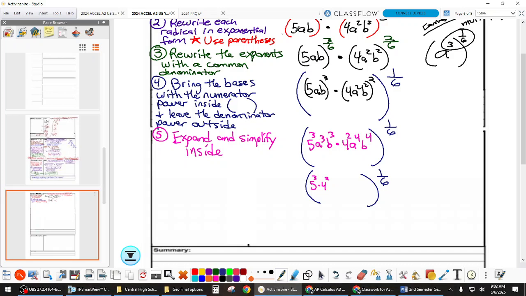Like if I had changed this to 6 or something, then it's not prime factor, right? A cubed times a to the 4th is a to the 7th. B cubed times b to the 4th is b to the 7th. Okay. Are we done? No, because now we need to simplify. We need to go back to reduced radical form, condition 1.